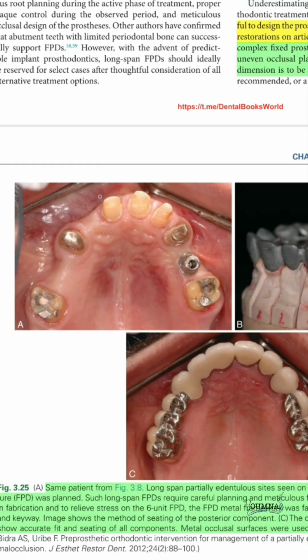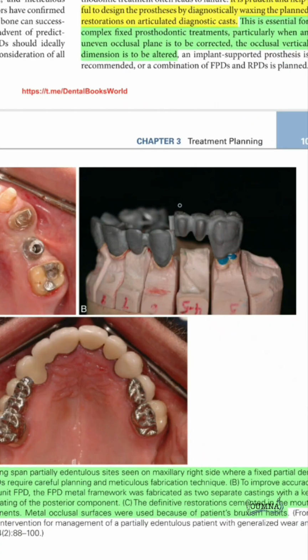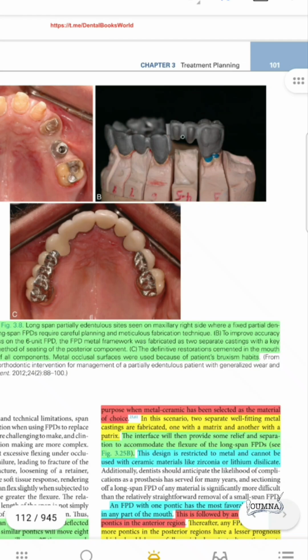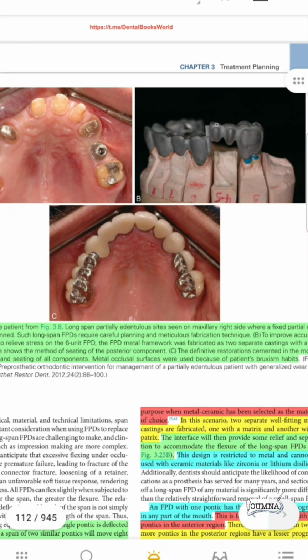In the cases where we have multiple missing teeth and multiple insertion lines, here we can use what is called a non-rigid connector. A key and keyway of a metal cast was fabricated to decrease the stress.